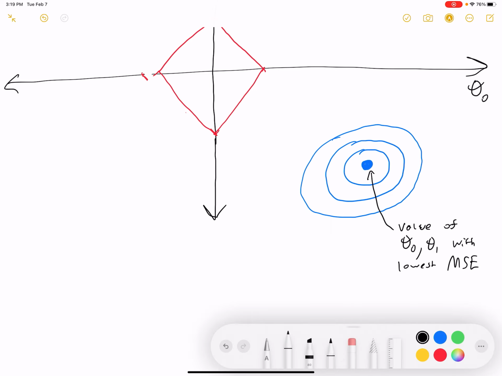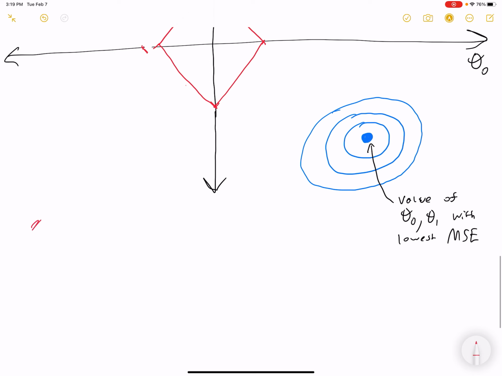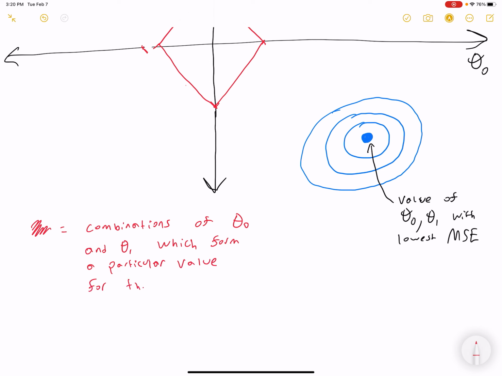So this red diamond is showing us combinations of theta 0 and theta 1, this will all start to make sense in a second, which form a particular value for the regularization term.